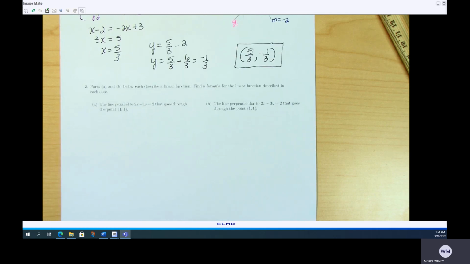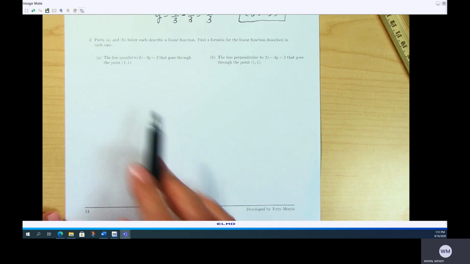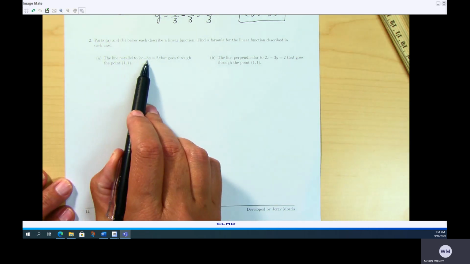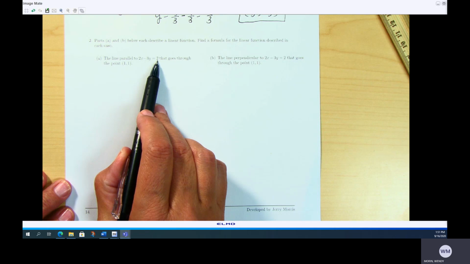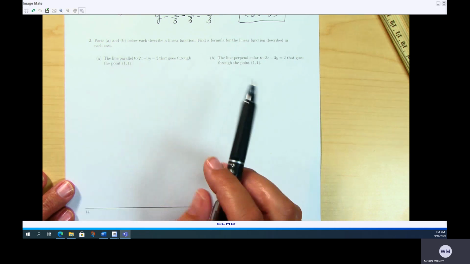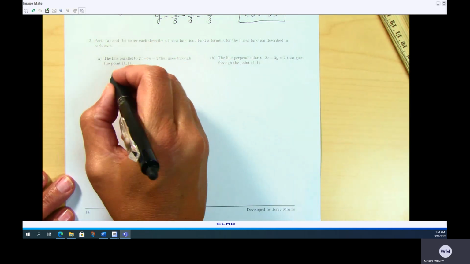Okay, take a look at the last two here. This one wants you to find the equation of the line that's parallel to 2x minus 3y equals 2. So that means they have the same slope. In the last section, I showed you a shortcut.